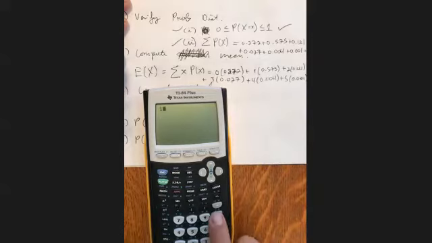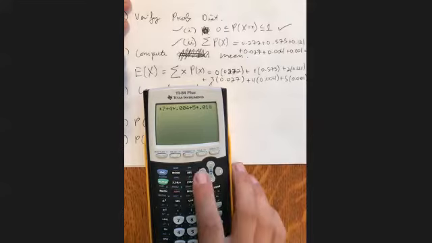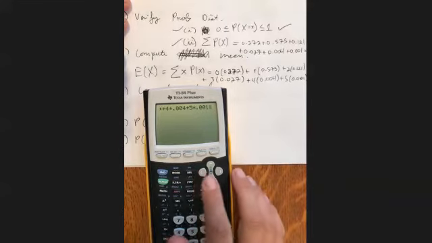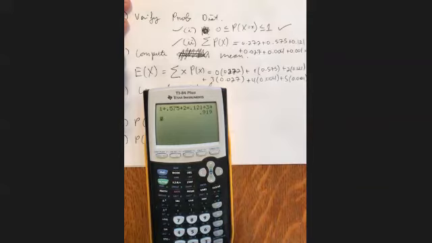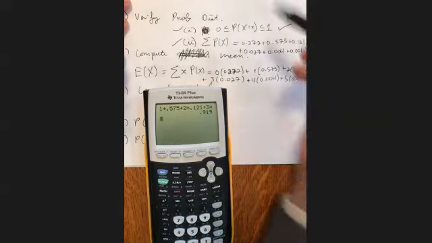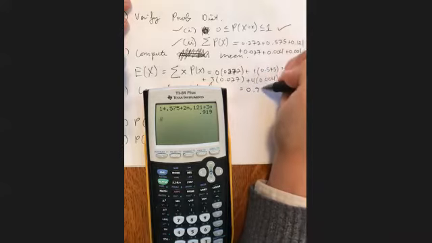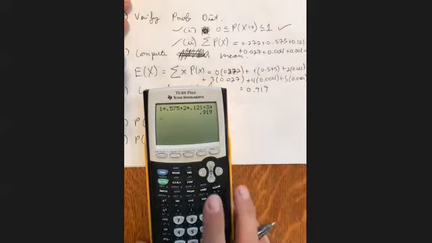It's 1 times 0.575 plus 2 times 0.121 plus 3 times 0.027 plus 4 times 0.004 plus 5 times 0.001. Make sure you got all the zeros there. And so we get an expectation of 0.919. So this is our mean.